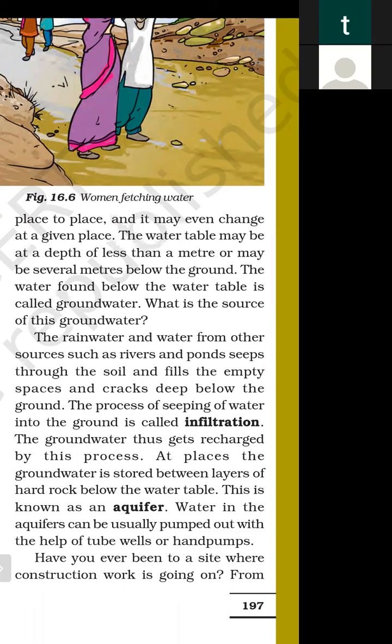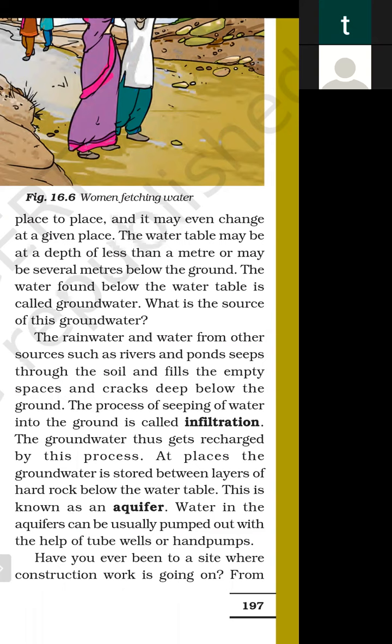Again, I am explaining what is seeping. The water from a river, lake, or pond is absorbed by the soil, and that absorbed water moves in a downward direction. That process is known as seeping, meaning absorption by the soil, and that absorbed water moves downward and is stored at some place, and that place is known as the water table.